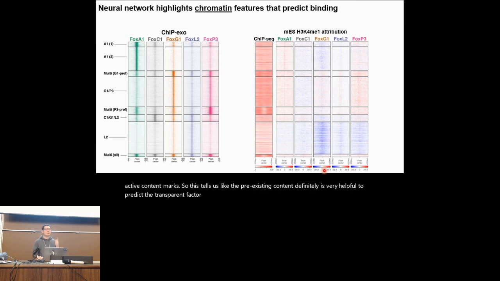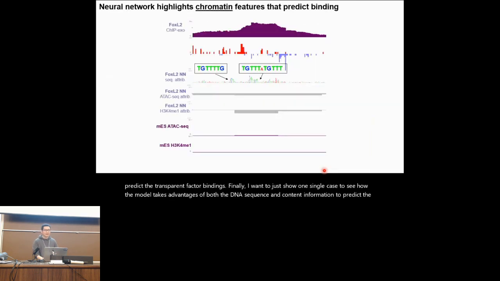Finally, I want to show one simple case to see how the model takes advantage of both the DNA sequence and chromatin information to predict Fox family factor binding. In this region, FOXL2 binds. We can see there's a strong ChIP-seq signal here. The model feature attribution on the DNA sequence gives a very high score in this region.